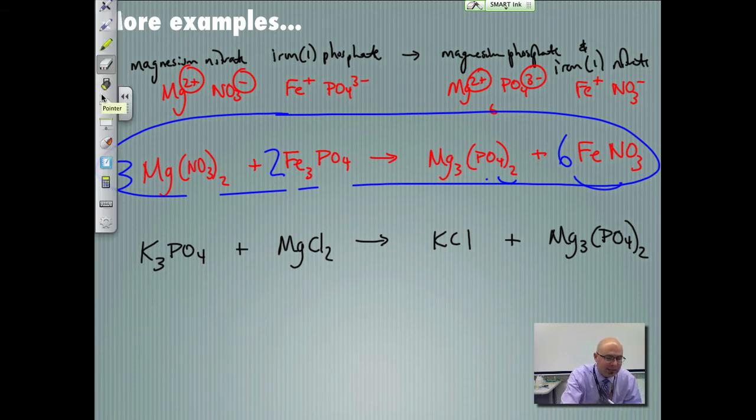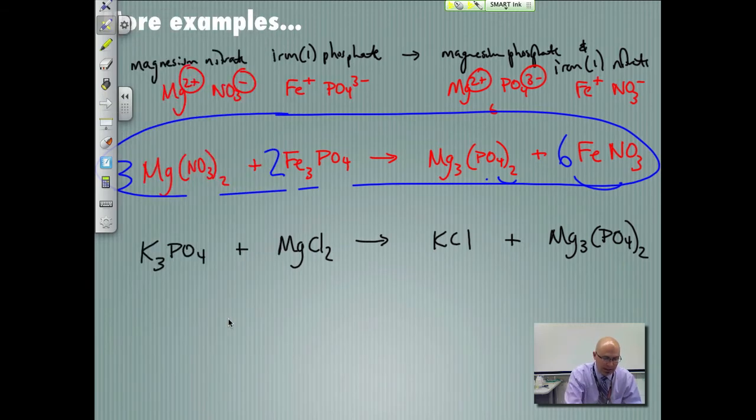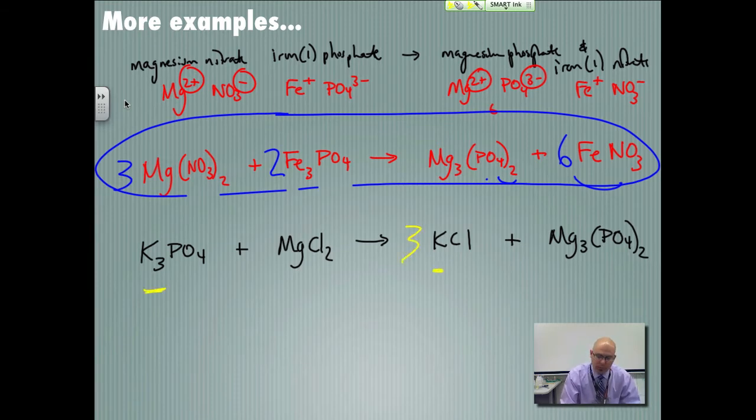Now let's balance it. I don't know if that white's going to show up, so let's go ahead and change it to yellow here. Okay. 3 potassiums, 1. Let's put a 3. 1 magnesium, 3 magnesiums. Let's put a 3. Now I'm going to save my polyatomic, so I'm going to do my chlorines next. 6 chlorines.